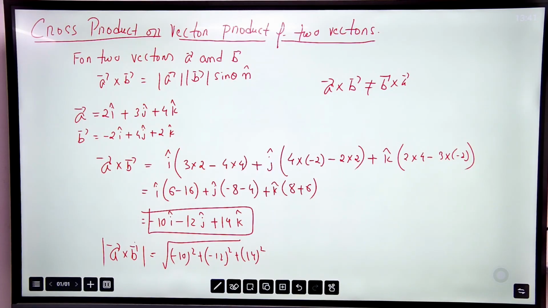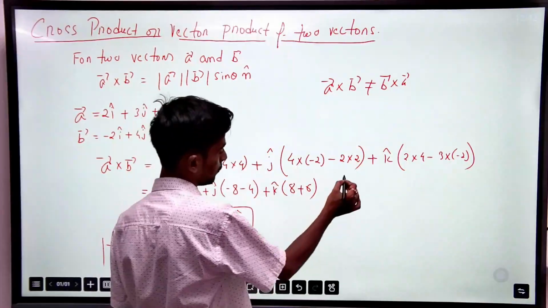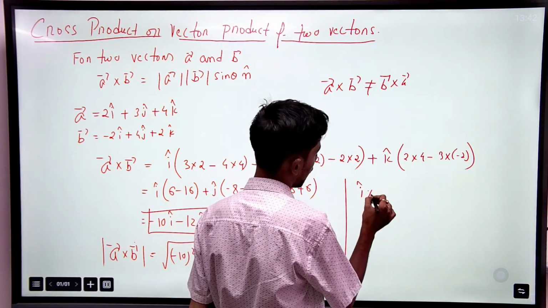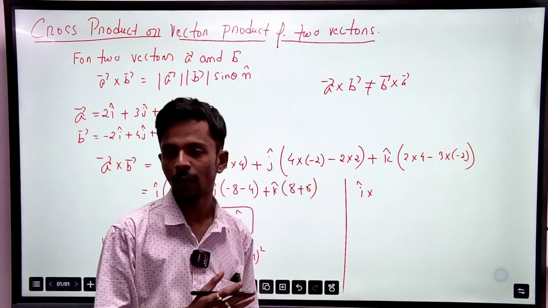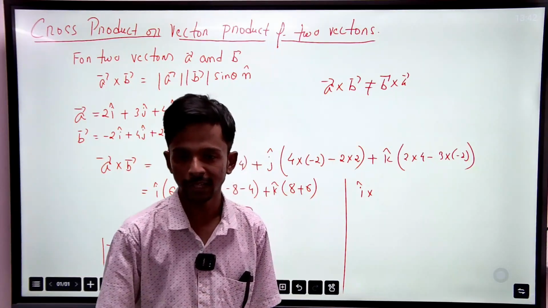Next, now if you remember the dot product, we simply write i dot i equal to 1, i dot j equal to 0, j dot j equal to 1, j dot k is equal to 0, like this, right?